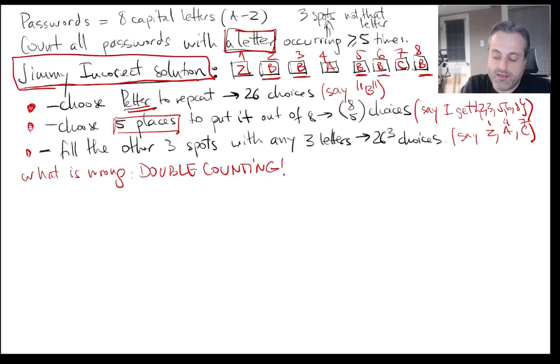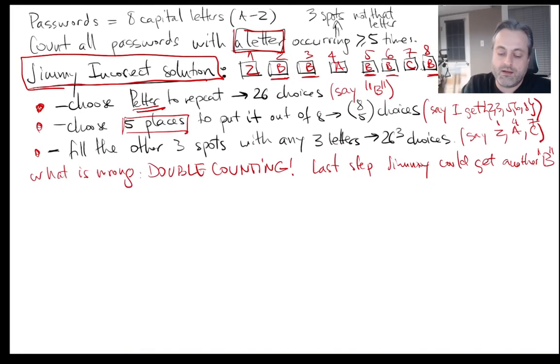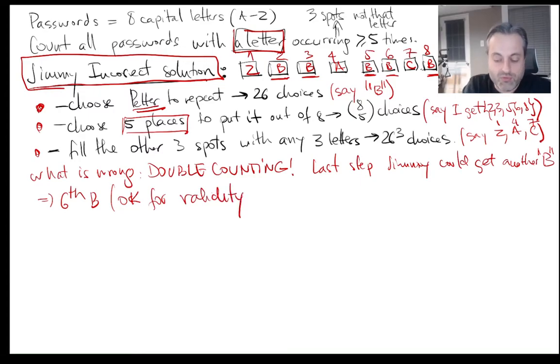Specifically, in the 3rd step, the last step, Jimmy could get another B. So that will be the 6th B. That's okay for validity. There's nothing wrong with having 6 B's.